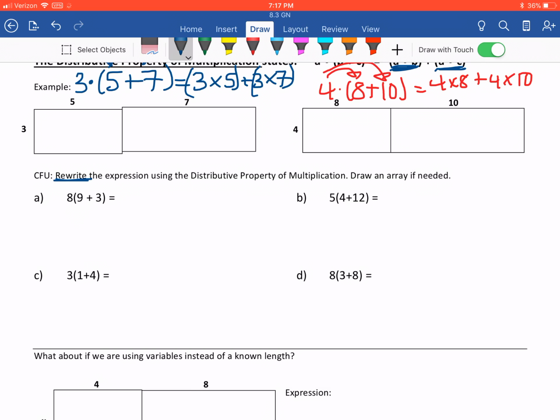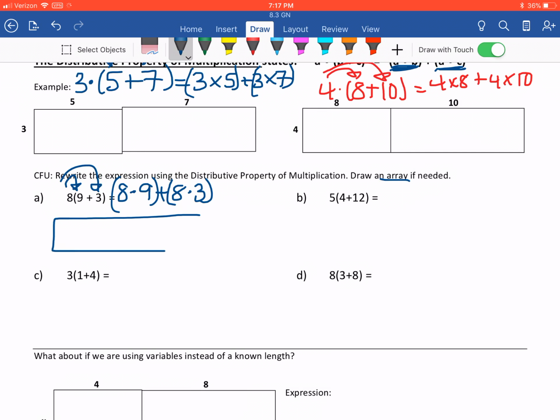So you have 8 times 9 plus 3. You're going to distribute the 8 to the 9 and to the 3. So this equals 8 times 9 plus 8 times 3. And the array, if I want to draw it, would look something like this.